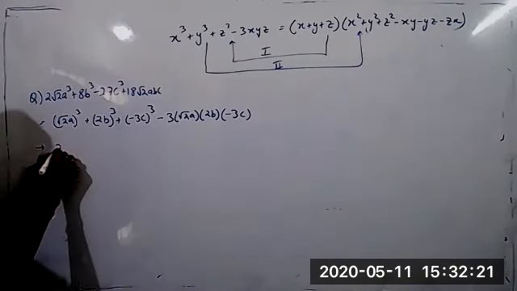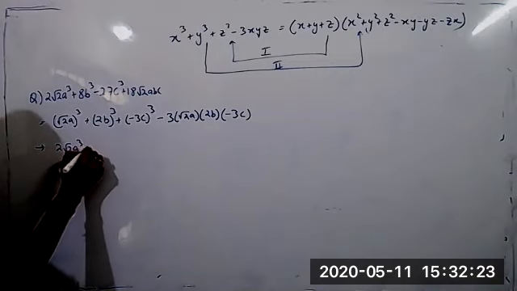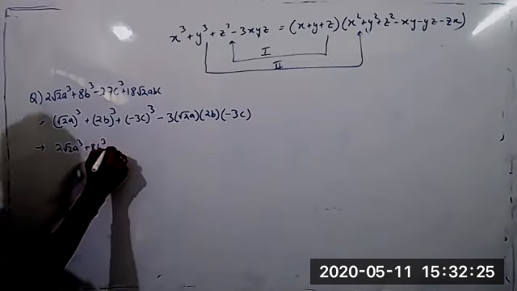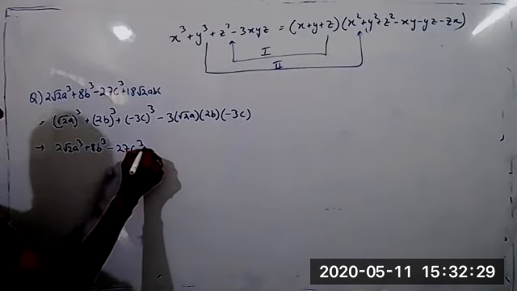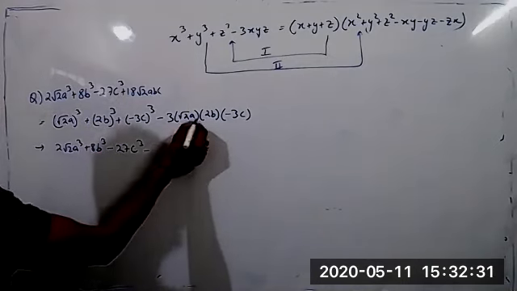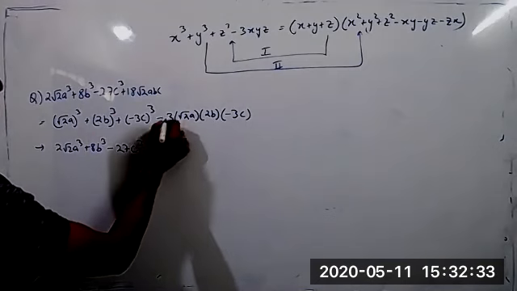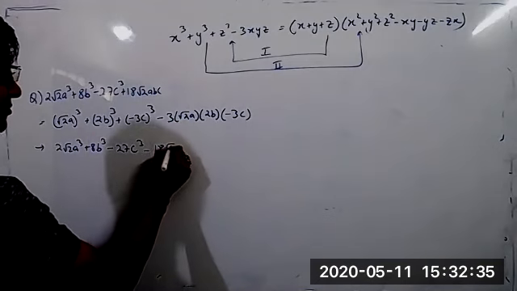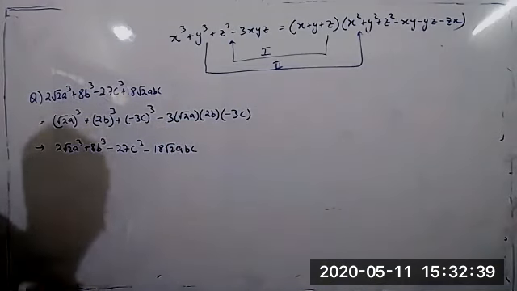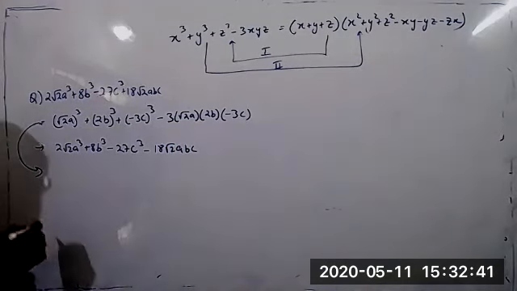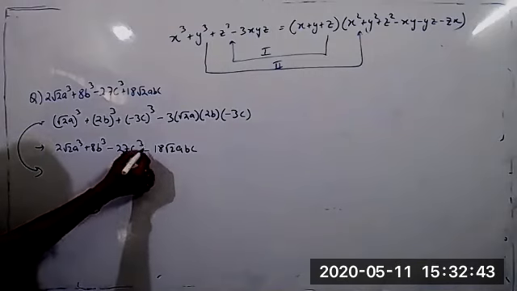So let's see, write 2 under root 2a cube plus 8b cube minus 27c cube minus 3 times 6, which is 18, under root 2abc. So this is matching, so it's correct. Now we have to put it in that formula.